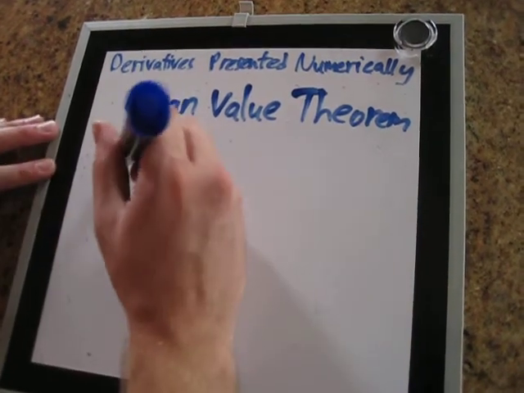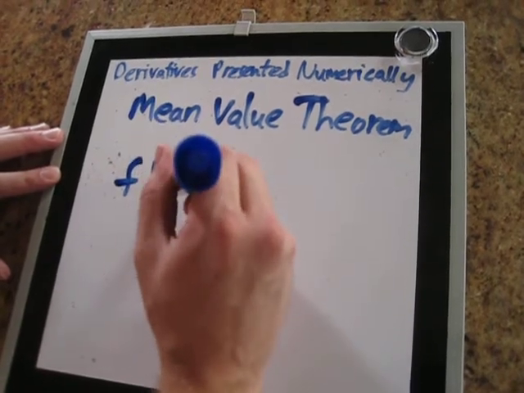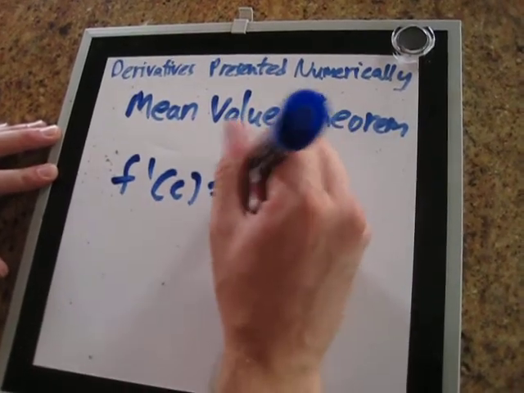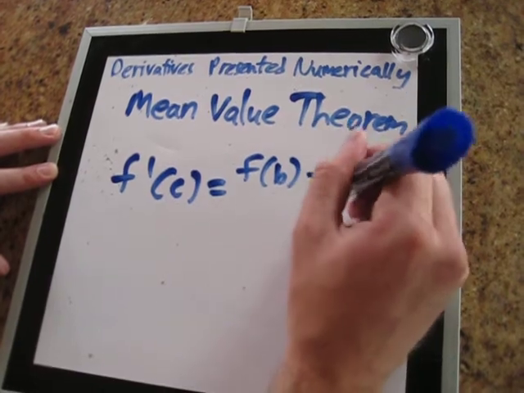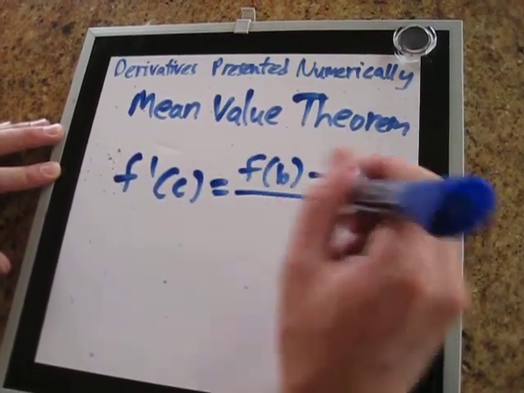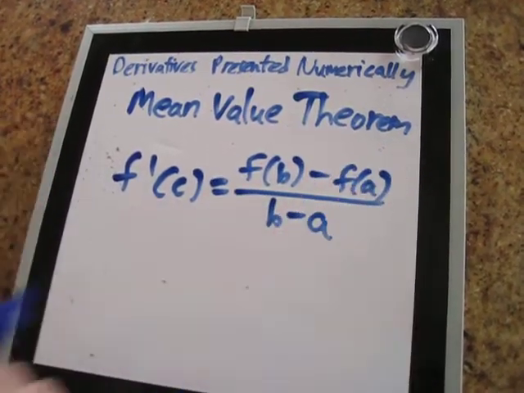In other words, f prime of c equals f of b minus f of a all over b minus a.